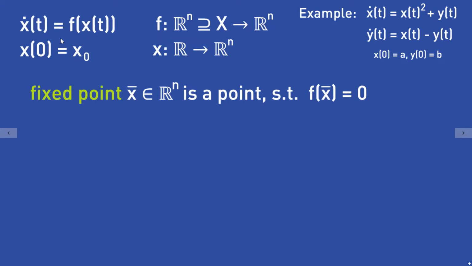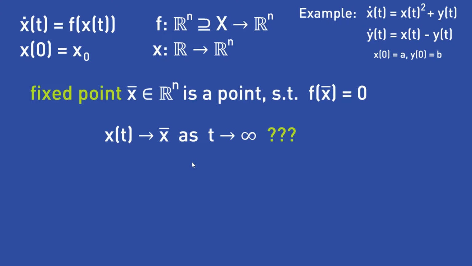You're more interested in the behavior of the solution after a very long time. In other words, will the solution x(t) of the system converge to the fixed point x bar, or will it go away from x bar in some situations as t goes to infinity, so after a very long time?